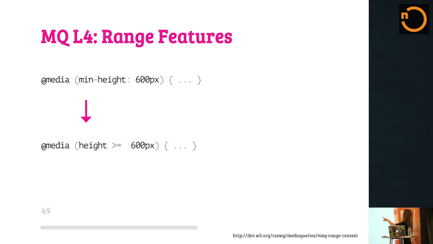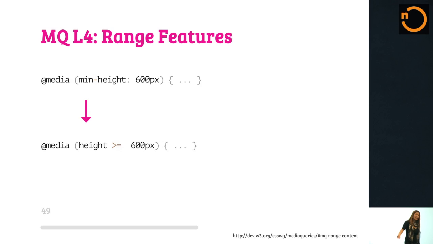Oh, this is super new. I just found out yesterday. Range. So this is how we've been writing media queries now. Min-height, whatever. I hate min and max. Why? Because I never know whether 600 is included or not. So now we can use, this is a proposal, just greater than and equal signs.